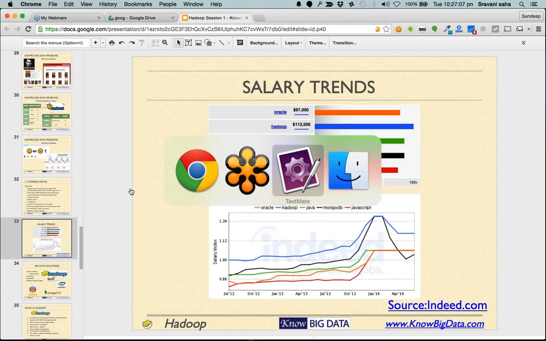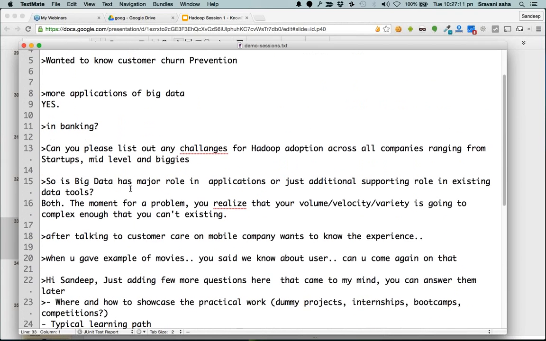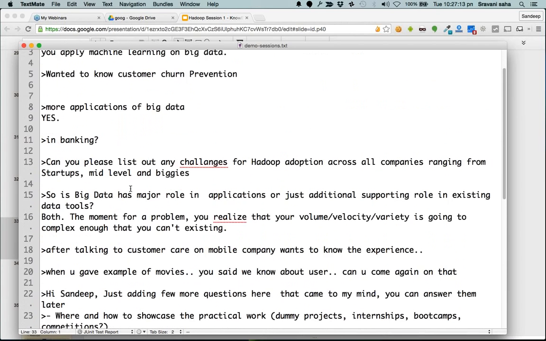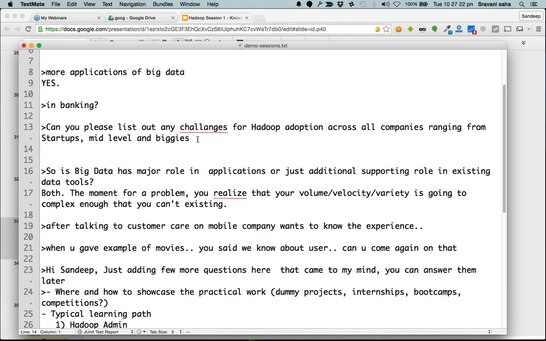Okay, so there was a question which I did not answer earlier. One question was, can you please list out any challenges for Hadoop adoption across all companies, ranging from startups to mid-level? One is lack of understanding and vision.